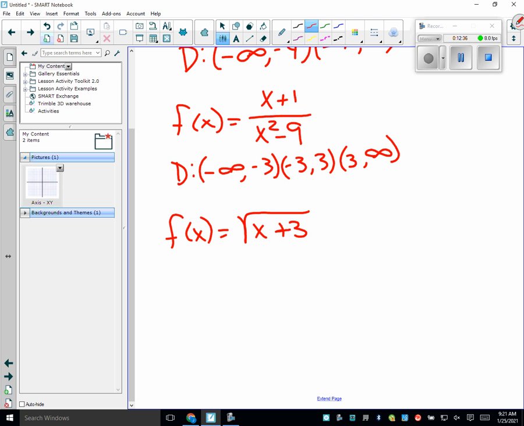If it's negative, it's undefined. So does x plus 3 have to be greater than or equal to 0? Does x have to be greater than or equal to -3? Yes. How do I write that? Is -3 included? Yes. So it's a bracket, -3 to infinity.